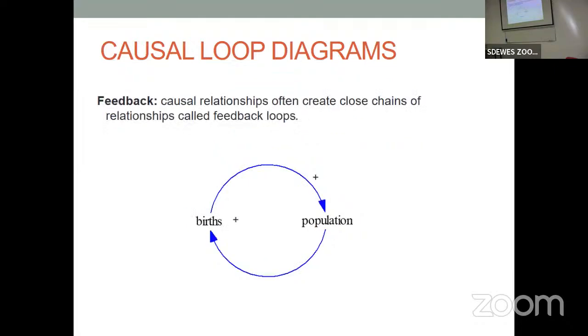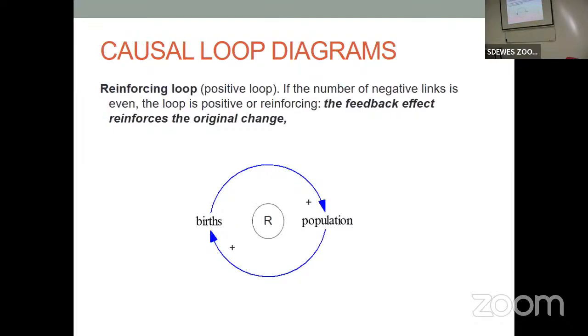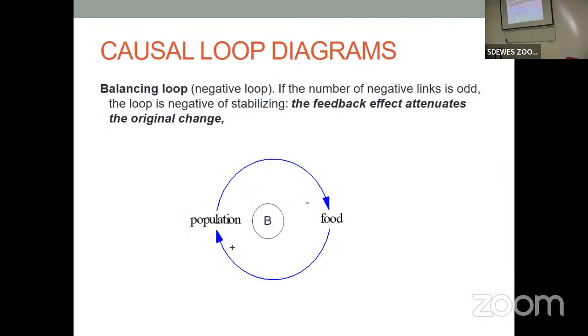Well, also about feedbacks, I already mentioned the classical feedback between births and population: more births, more population. This is a reinforcement loop, so it will be unstable in the sense that if there is no limit, it will grow forever.